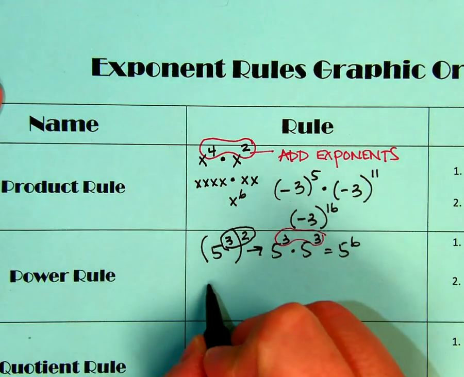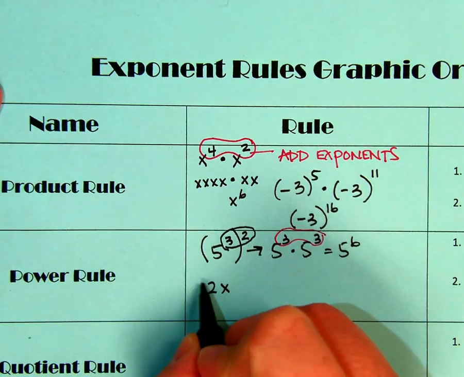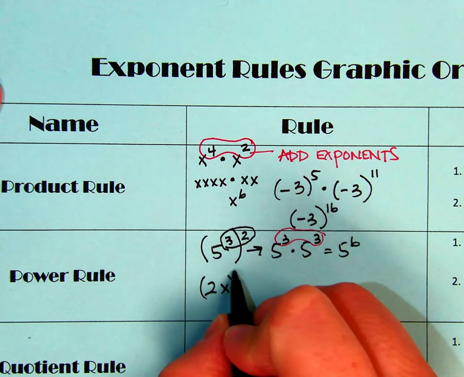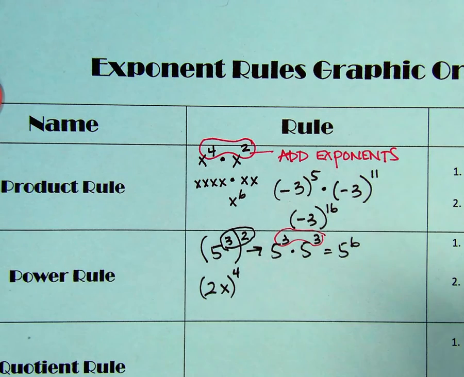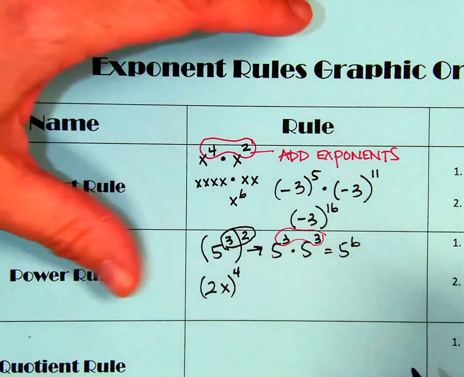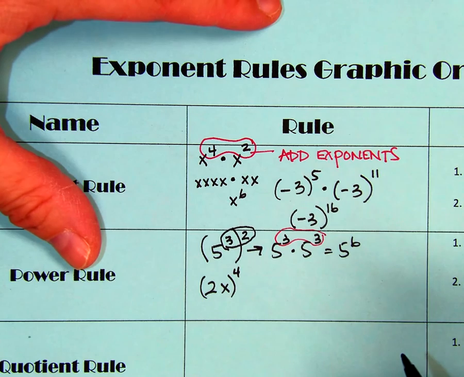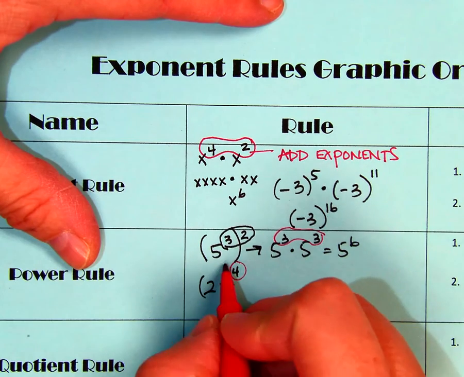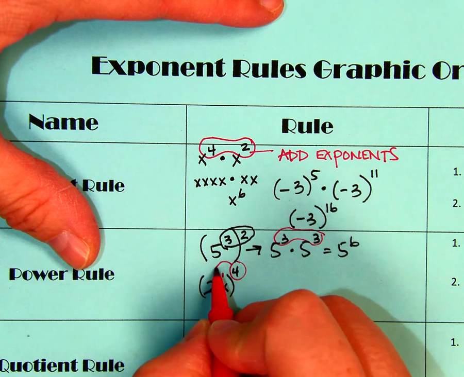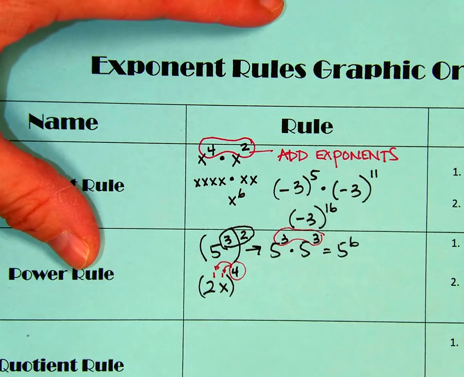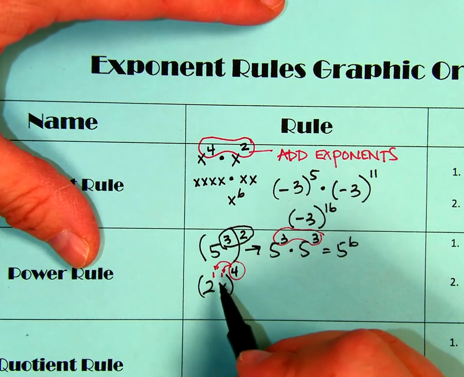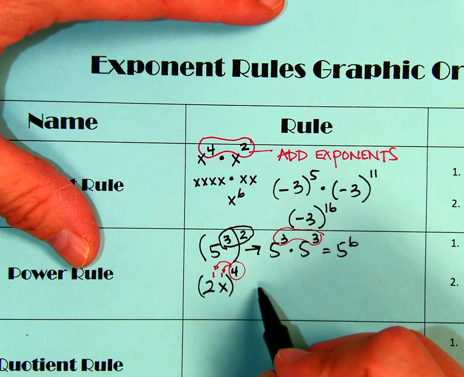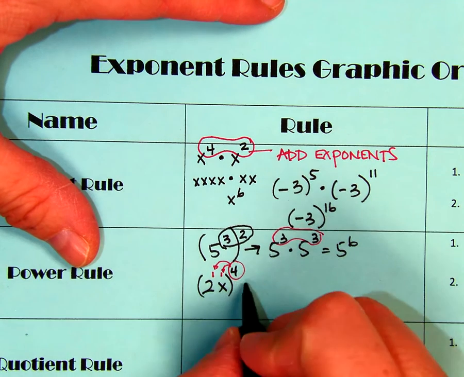If I have 2x to the 4th power, this might even be a little bit more with the power of a product rule, but this exponent has to go to all of the terms in the parentheses. Again, it means we have 2x times 2x times 2x times 2x.